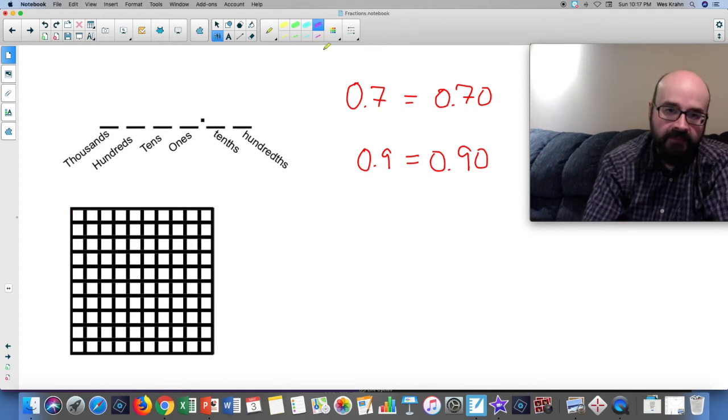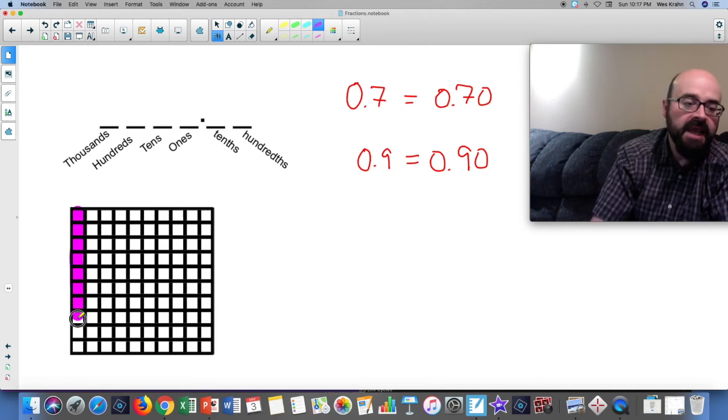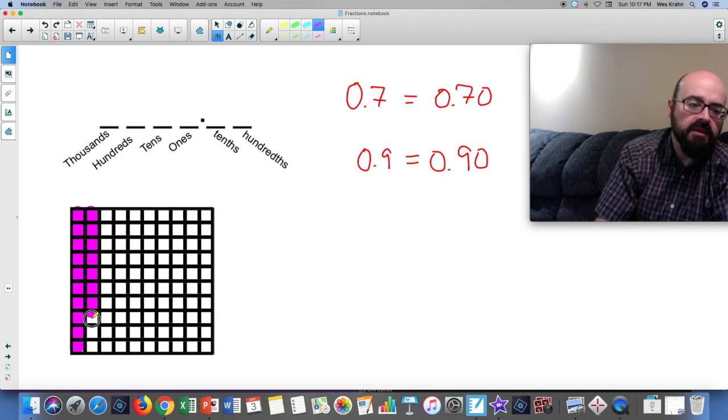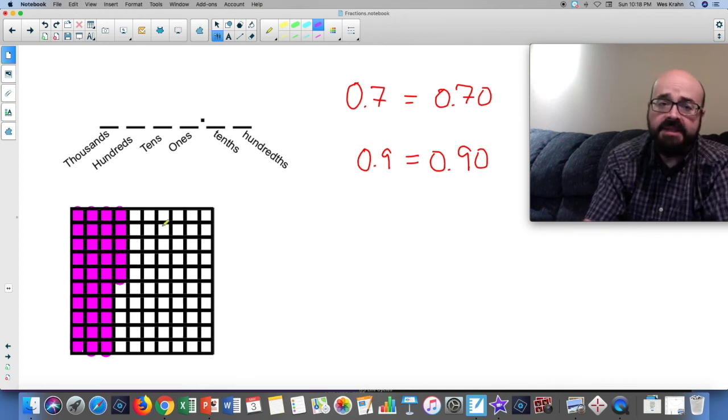Now the next step for this is going to be, what happens when I've got tenths here? 1 tenth, 2 tenths, 3 tenths, and then I've got a little bit less than 3 tenths.